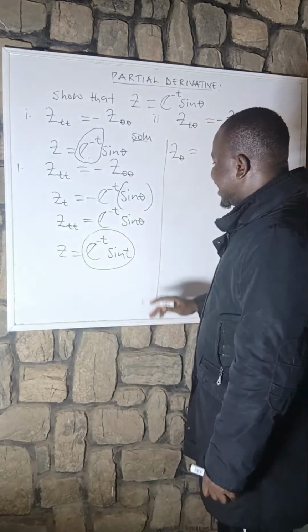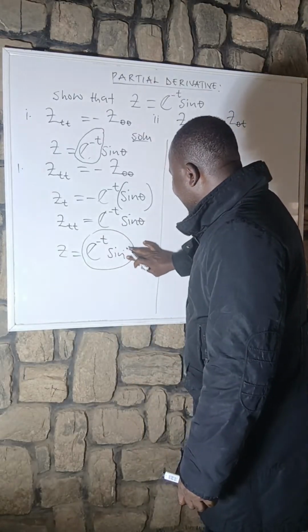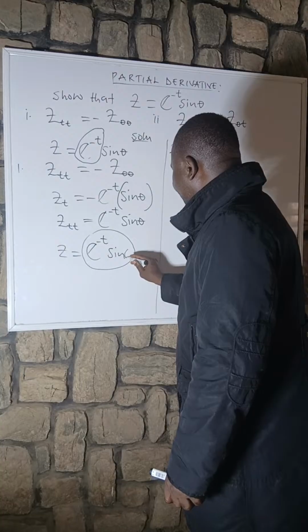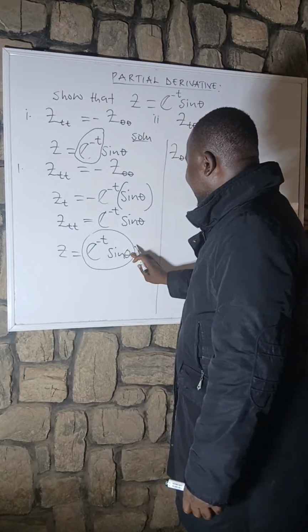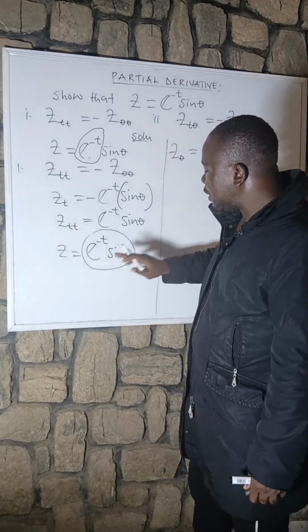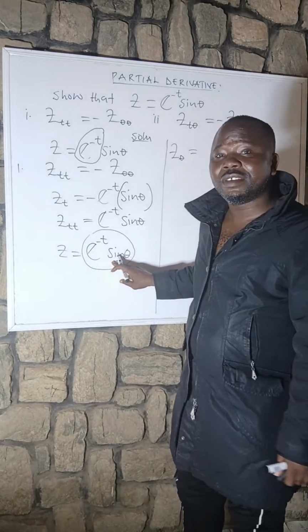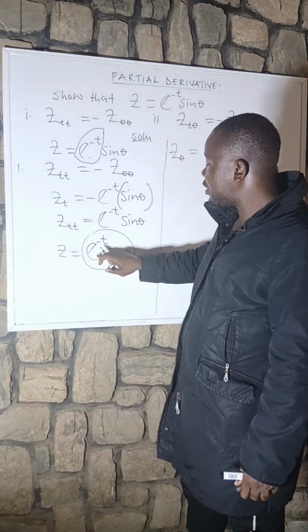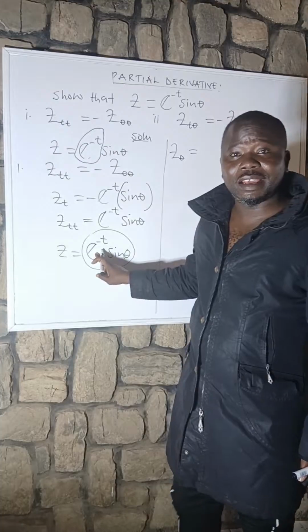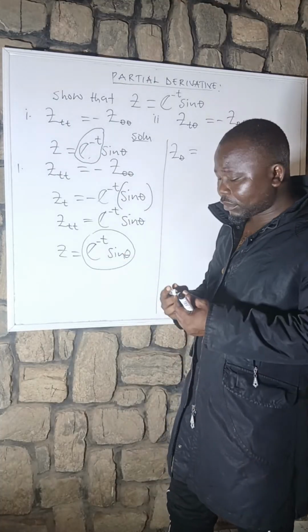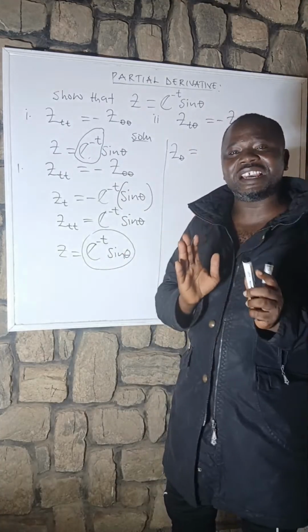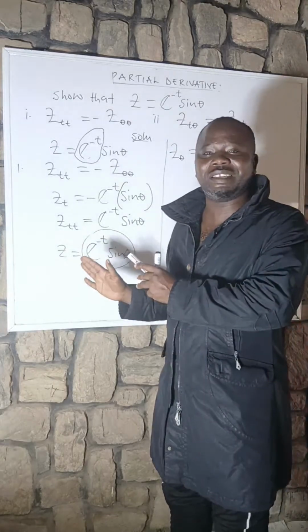But as long as here there is no t, amen, but here is theta. This is just like, this is Musa, this is John. So you treat them according to their names.